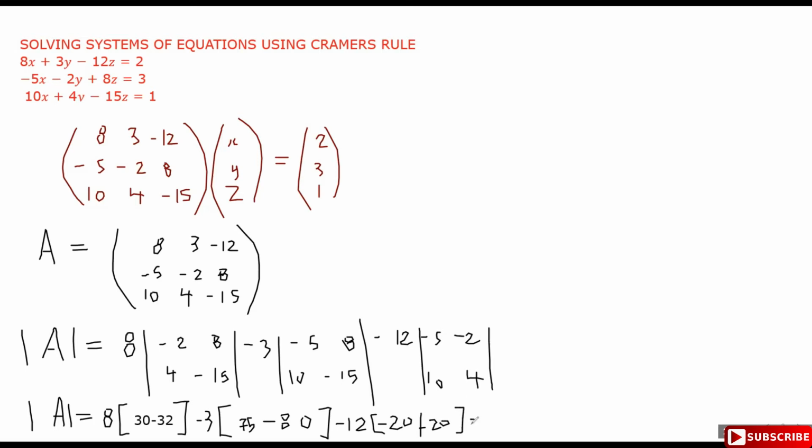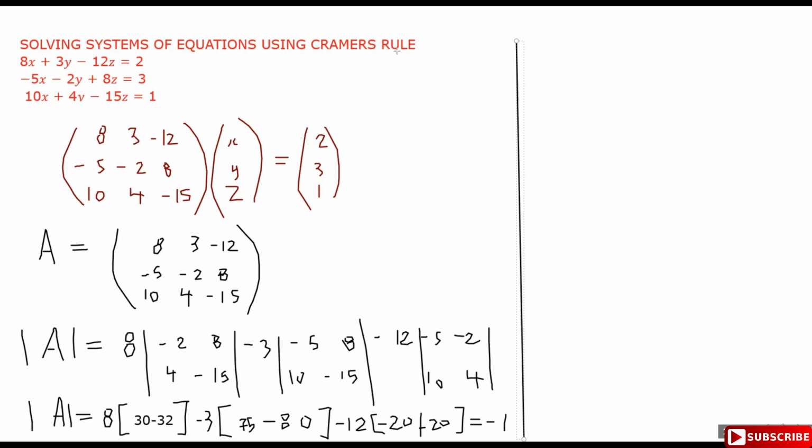So the final answer for the determinant of A is 8 times 30 minus 32 minus 3 times 75 minus 80. This works out to be negative 1. That's the determinant of A, negative 1. Nice. Now, what's the beauty of this? The determinant of A is negative 1.